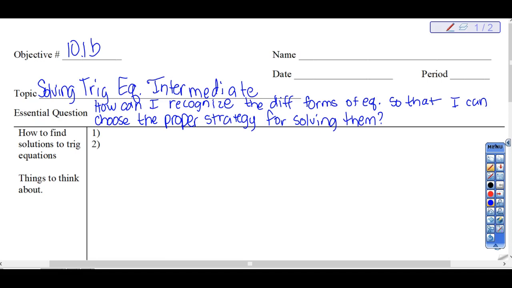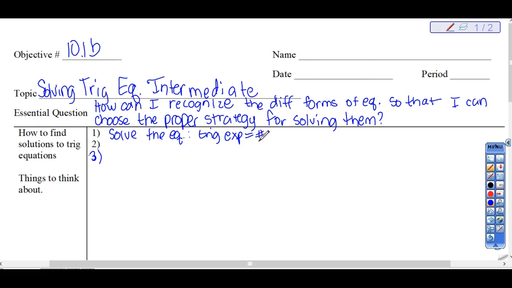Okay, so here are the steps. There's going to be 3 steps. Step 1 says: you're going to solve the equation so that it's in this format. Your trig expression on the left and a number on the right, like yesterday.